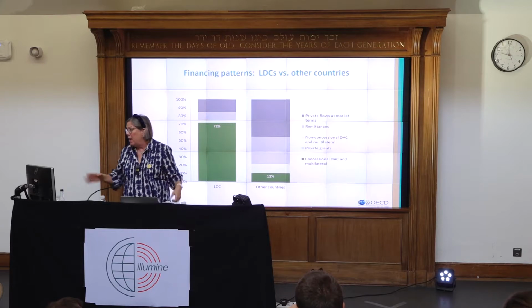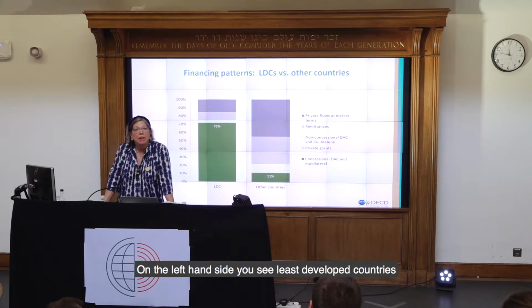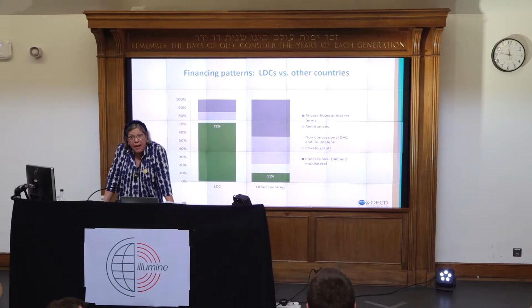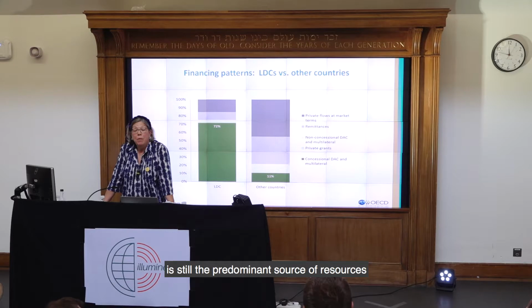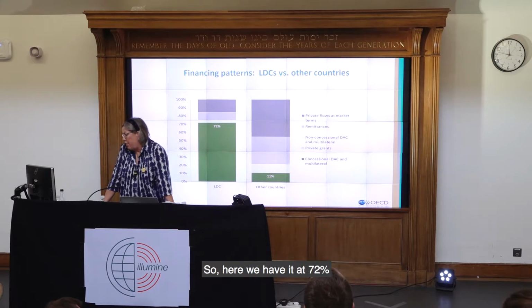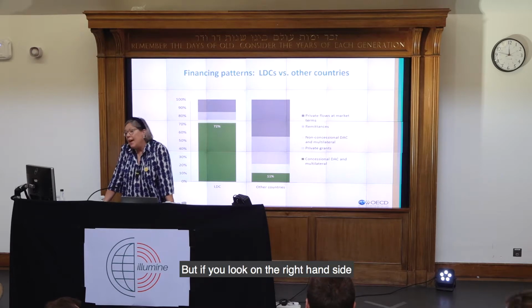This slide shows what's happening in terms of the pattern of finance that's being received by different kinds of countries. On the left-hand side, you see least developed countries, these are the poorest countries. And for those countries, ODA, or official development assistance, is still the predominant source of resources. So here we have it at 72%. But if you look on the right-hand side, these are other countries.